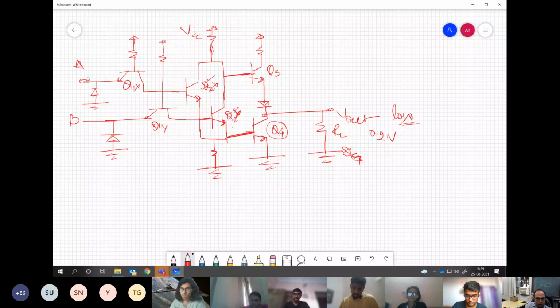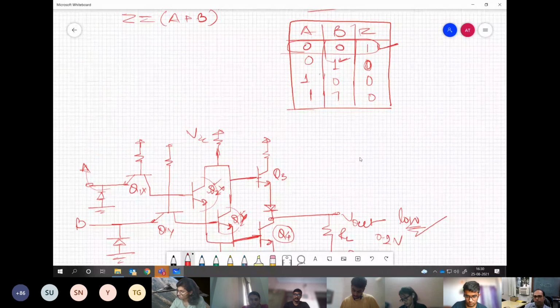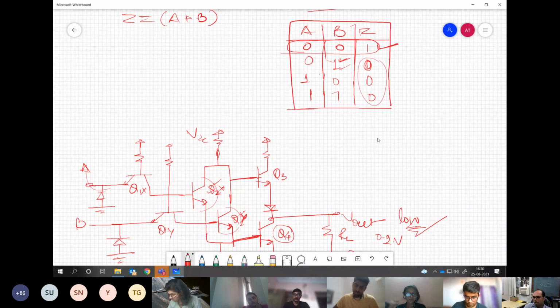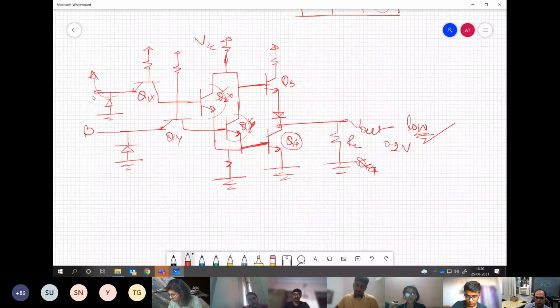So even if one of the transistors gets turned on, the output is going to be low. And that is what our truth table is also demanding. It is saying that even if one input is high, you have to have 0 at the output. So if either A or B or both have high voltage, more than 2 volts over here, this will not conduct.